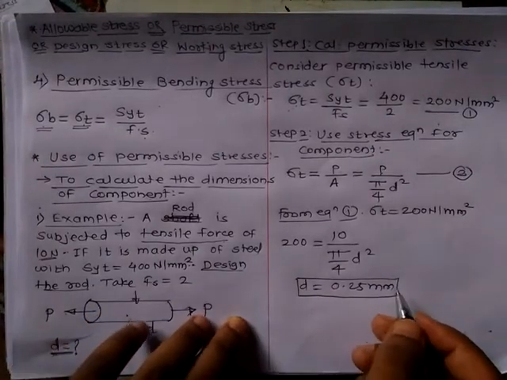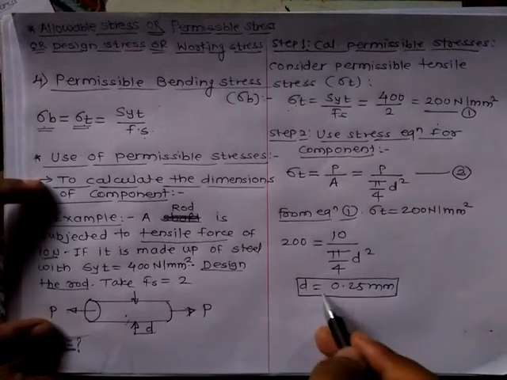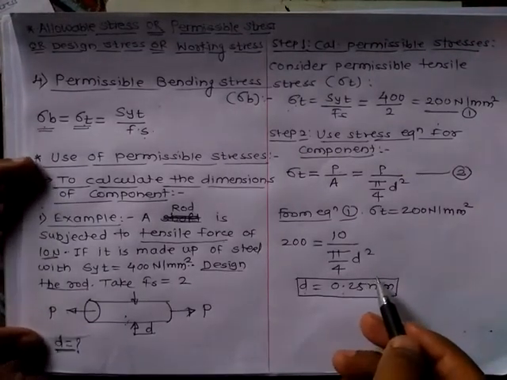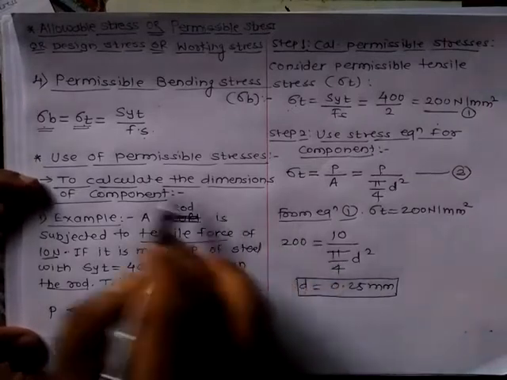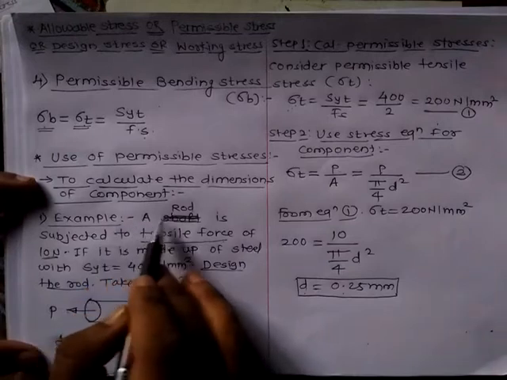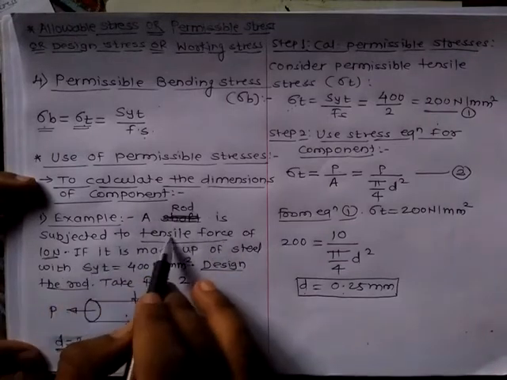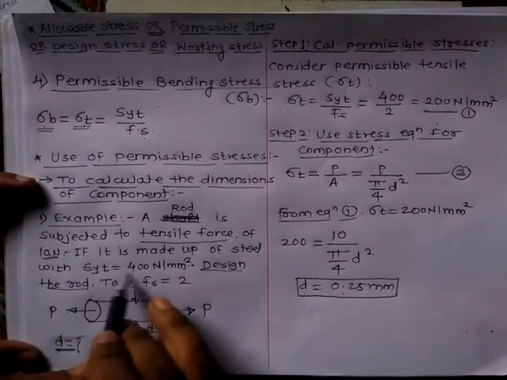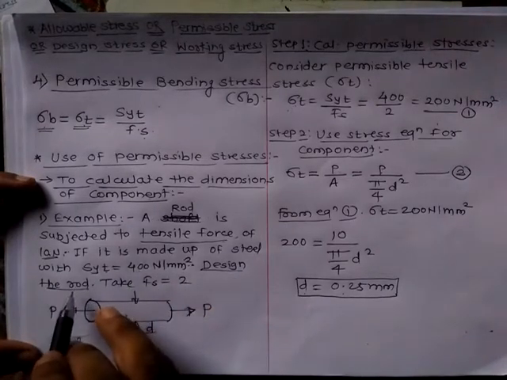As I have taken this just as an example, the magnitude of this small d is very small, but try to understand the procedure that we follow to use this permissible stress to find the dimensions. We have seen that this example rod was subjected to a tensile force of 10 Newton. It was made of steel, so the SYT value was given as 400, and we have to design the rod.